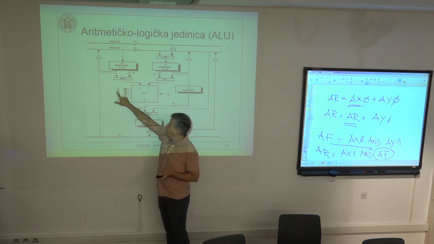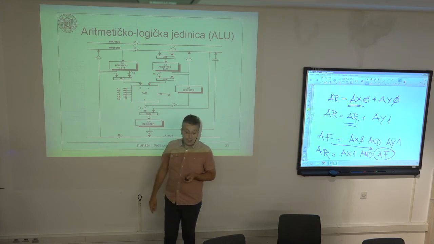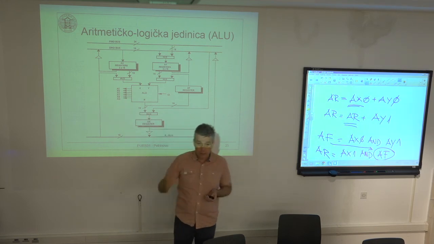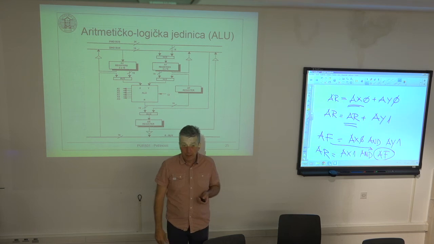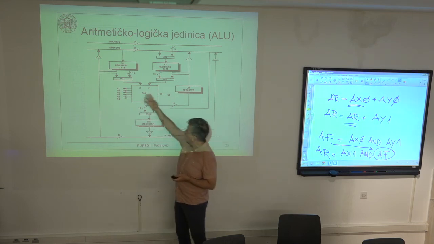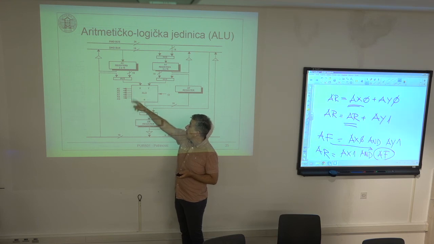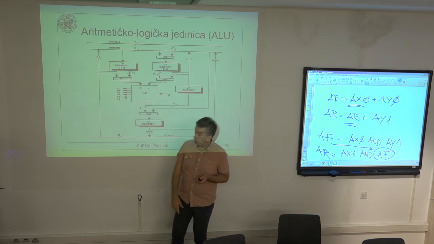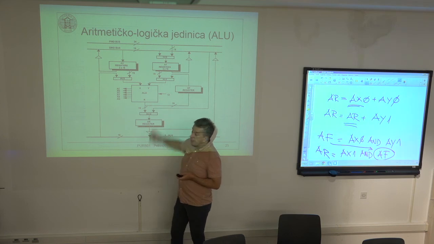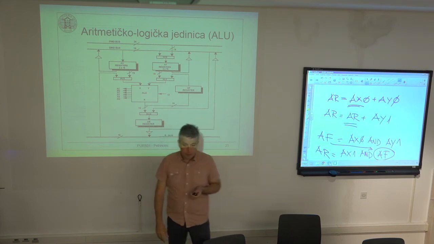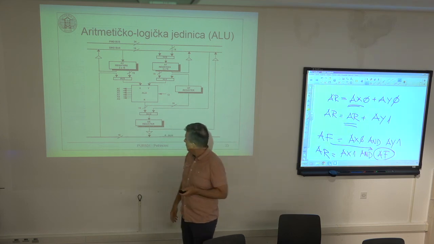So AZ is zero, AM is negative, AC is carry, and AV is overflow. These are 4 output flags depending on the result of our instruction: if it is zero, if it is negative, if you have carry, or if the result is overflow. You have one input flag, this C input. It is the carry input. Okay?